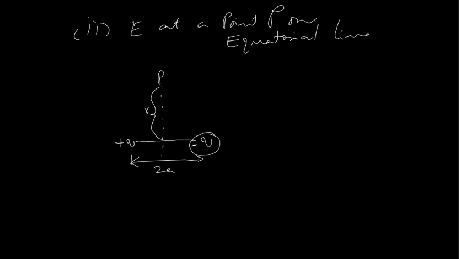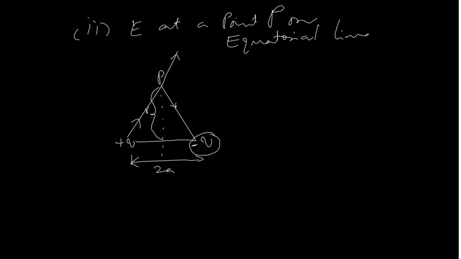So let me draw a line. From P, it will be like that, and from here it will be like that. This field is a vector, going positive like this, like the electric field lines we started with right in the beginning, whereas this one will be coming to the minus q.